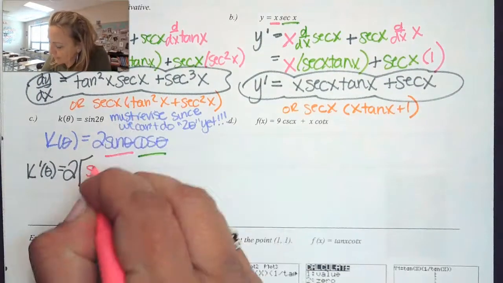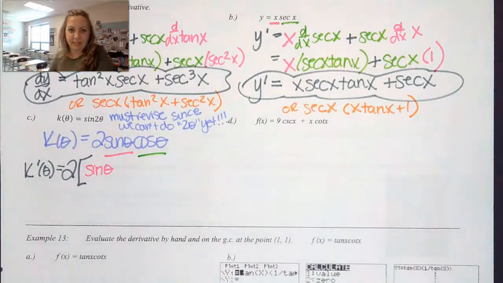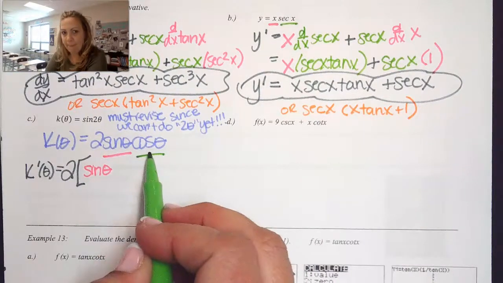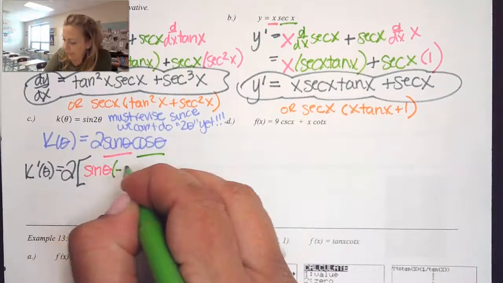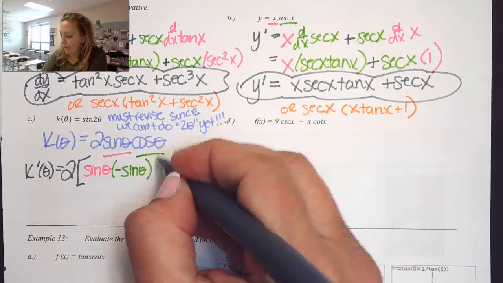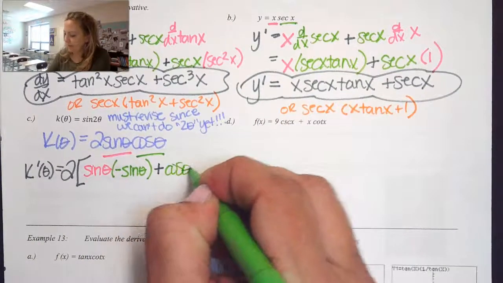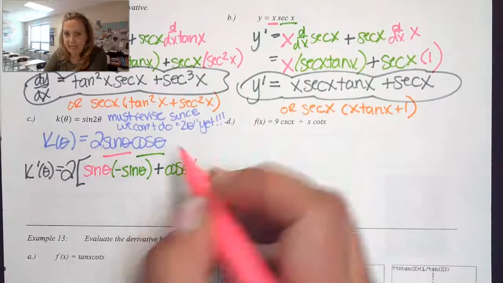and then use my product rule. So I would have sine theta. Are you guys ready to kind of skip the next step? Okay. Times the derivative of cosine theta. Remember, the derivative of cosine theta is going to be the opposite of sine of theta plus my cosine theta times the derivative of sine theta.